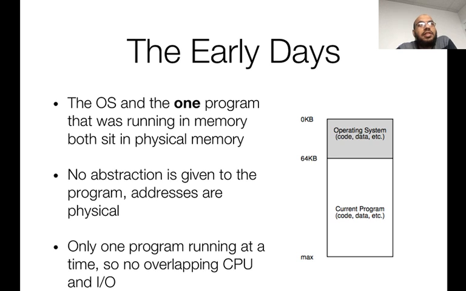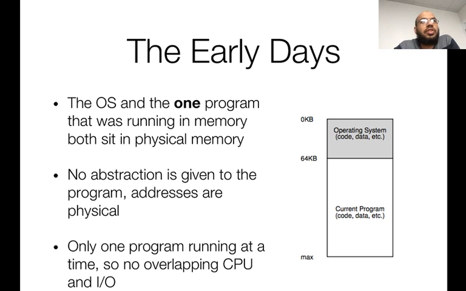Back in the days, you did not really have the option to multiplex multiple programs at the same time in memory. So what early operating systems did was run the operating system and one single program in memory. The operating system of those days was DOS, which I believe some of you might have seen.